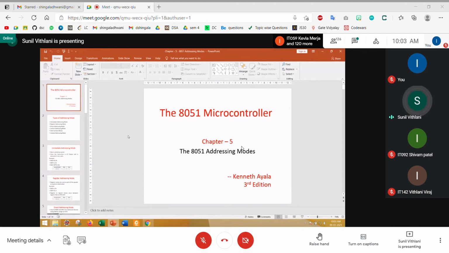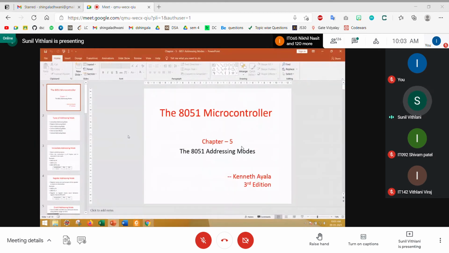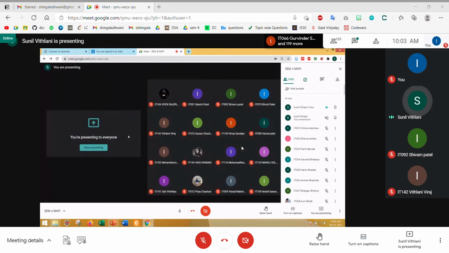Logical AND, logical OR, rotate right, rotate left, add, subtract, all such instructions are there. Over here, we will try to cover as many instructions as possible in our syllabus. Whatever we can, we will consider, and whatever portion is covered will be in your syllabus.